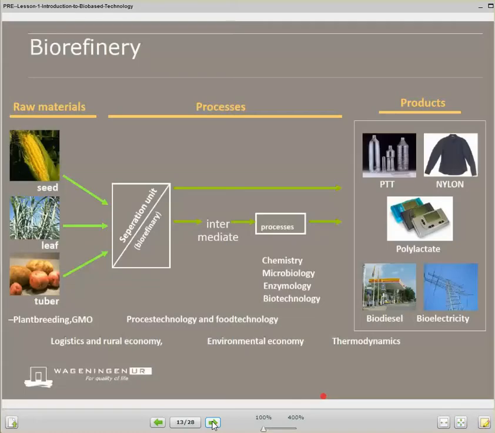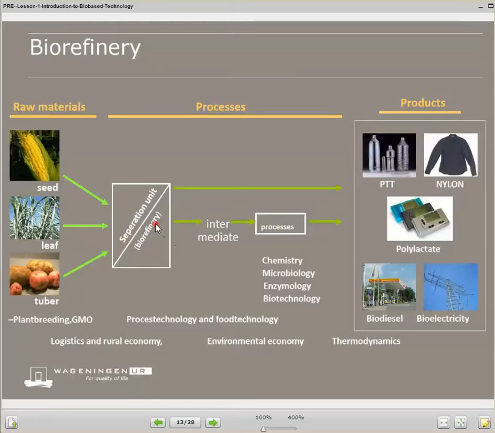So now we're going to go into further and further detail. We've talked about the very theoretical parts, but now what does this mean? Here you have some raw materials: corn, leaves from a plant that you may not use the leaves for, or a tuber, which is like a potato. These can be put into a biorefinery.